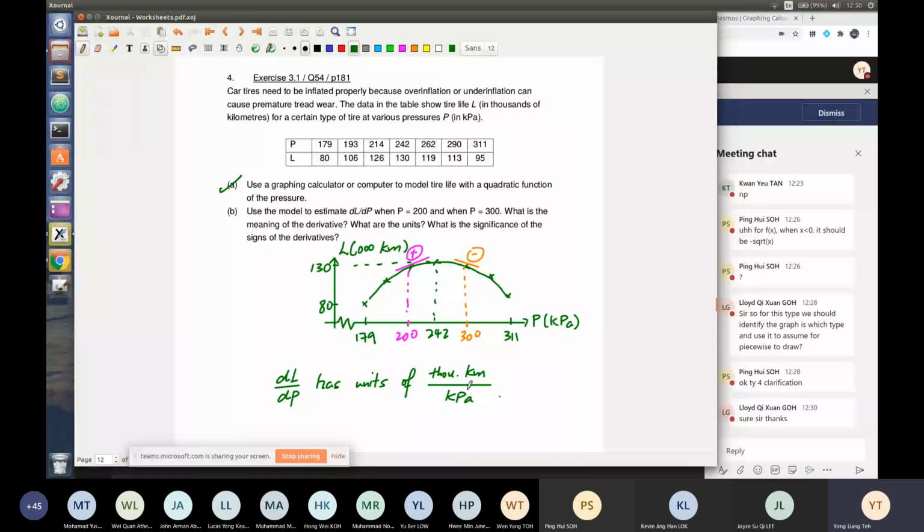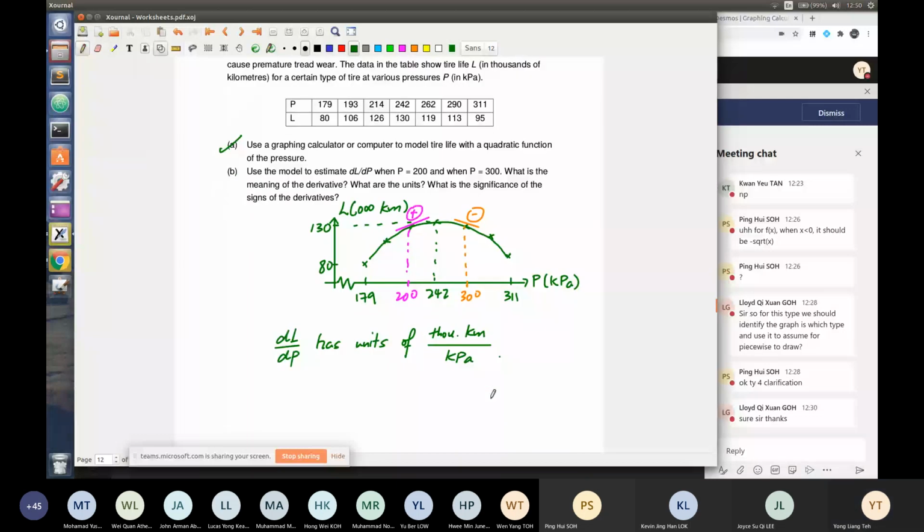But how do we put this in layman terms? If I want to ask you for a layman sentence on describing this, the LDP, how would you say it? Any takers? Any guesses?